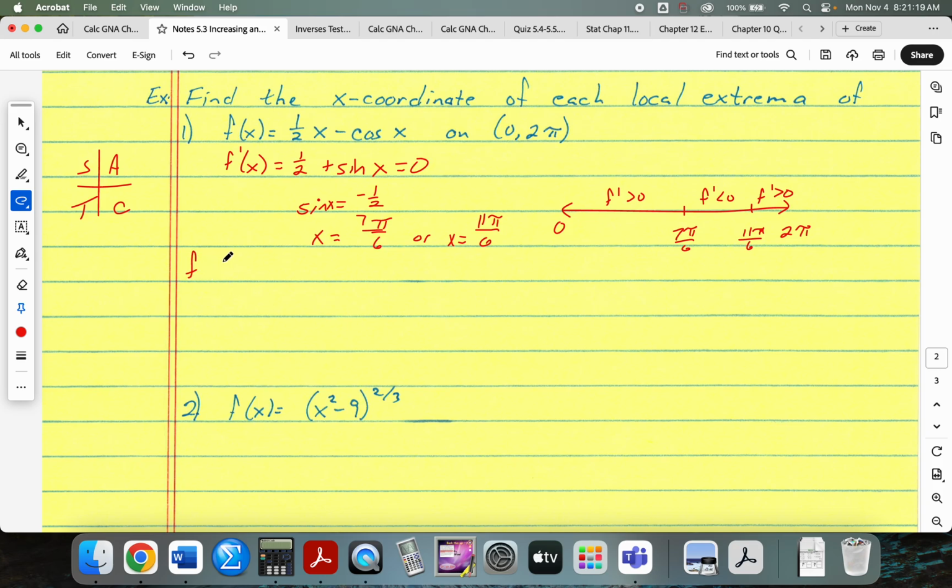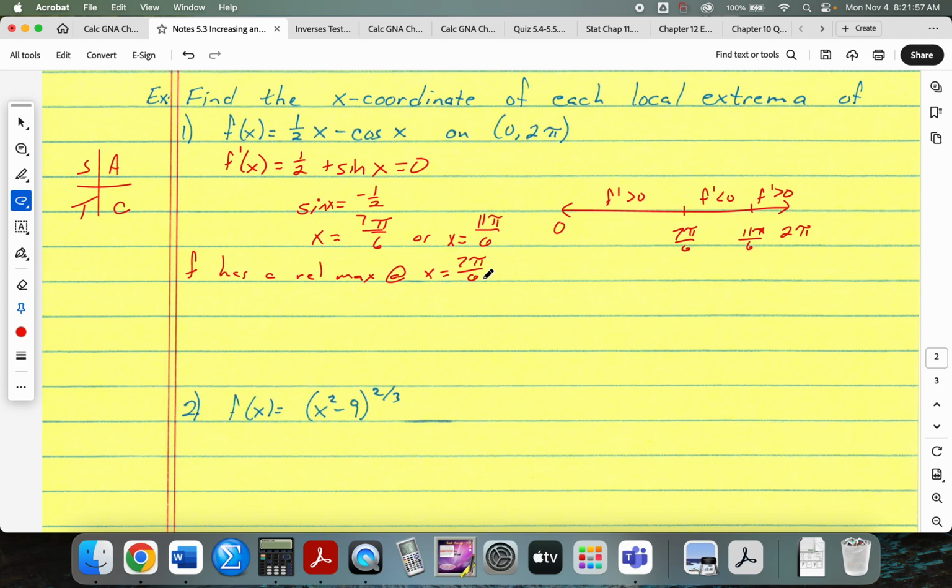So what happens to the graph of f at 7 pi over 6? F prime is going from positive to negative. Relative minimum? No. If f prime is positive, remember the function is increasing, and then it changes to decreasing, so f has a relative maximum at x equals 7 pi over 6.